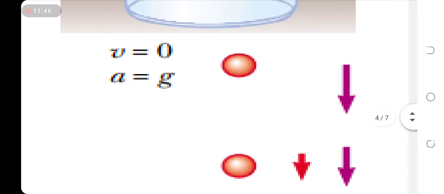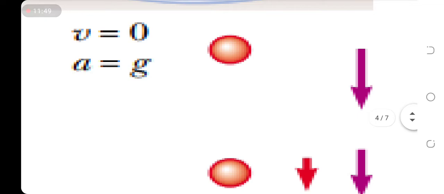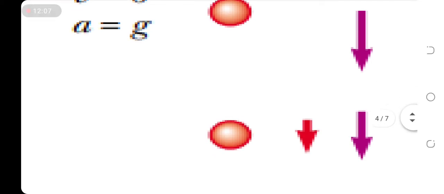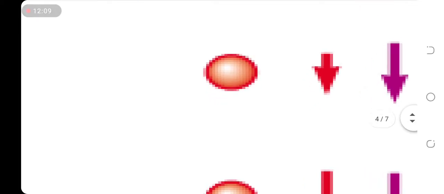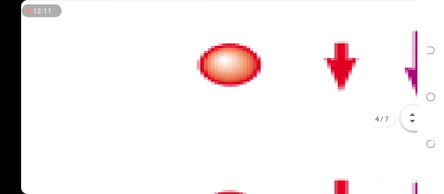We can see the arrows, two arrows directed downward. The length of an arrow shows the magnitude. The right side arrow shows the acceleration or the net force acting, and the left side arrow shows the speed, the velocity of the body in the fluid.